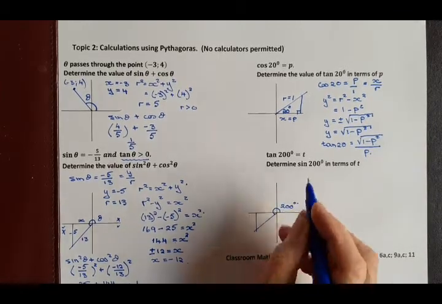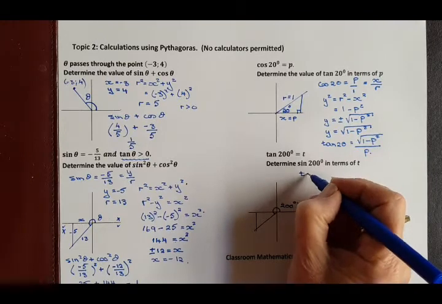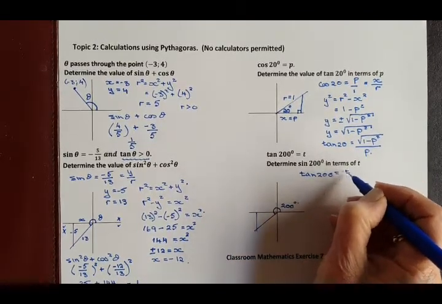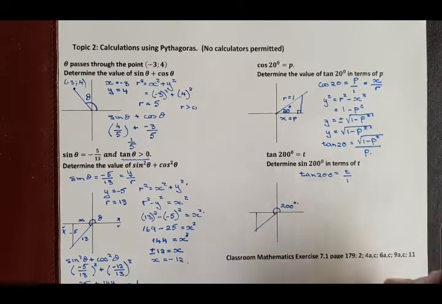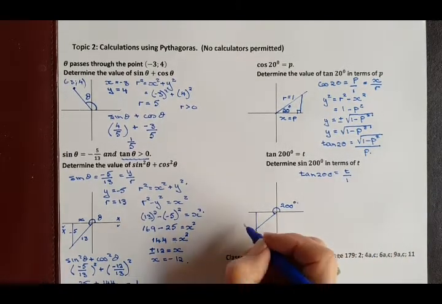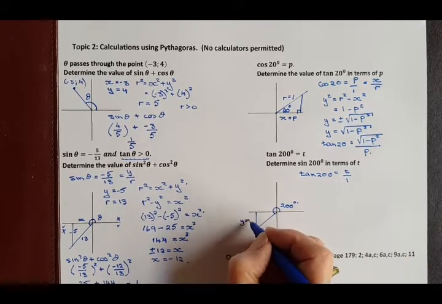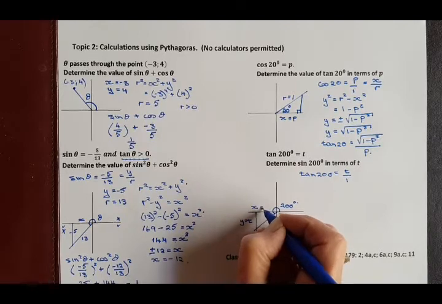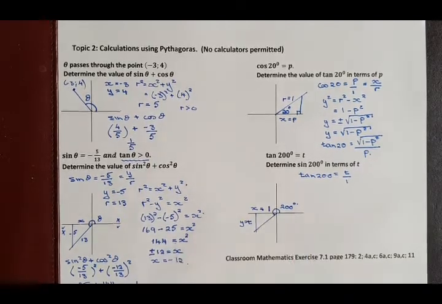Okay, if I give you tan is equal to t, it's t over 1. I'm actually saying to you that your y value is equal to t, your x value is equal to 1.